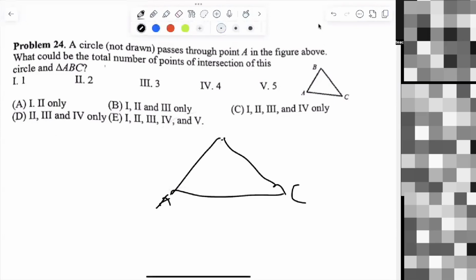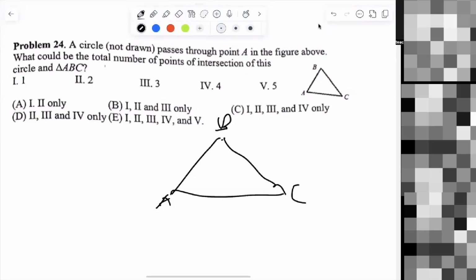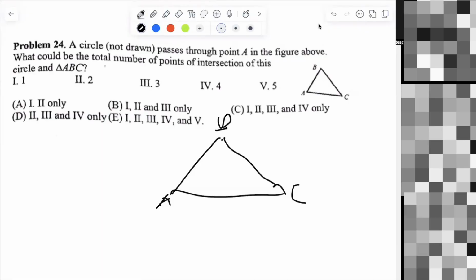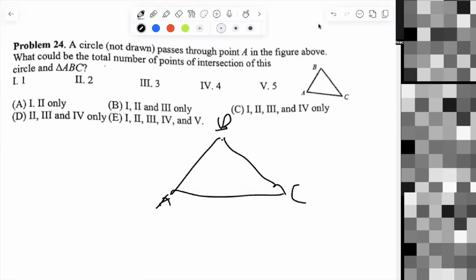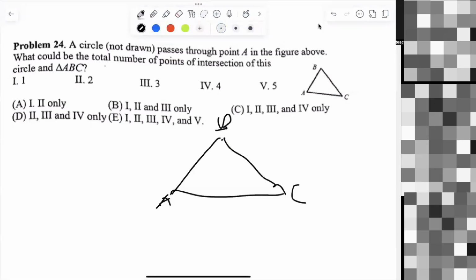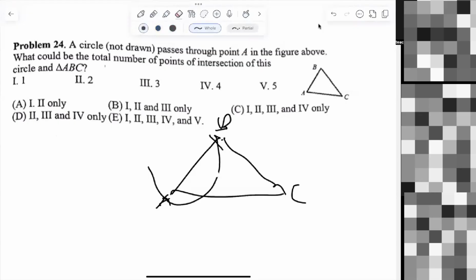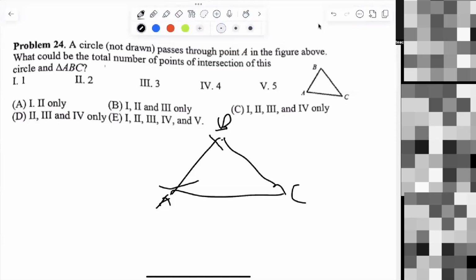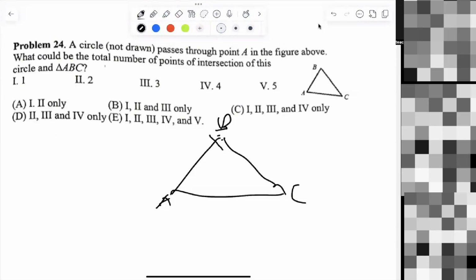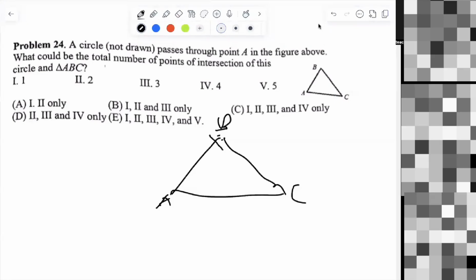Now, how do we get 3? 3 is also achievable, but how do we do it? How do we accomplish it? We can do this. Hmm. Let's see. We can actually just do this.